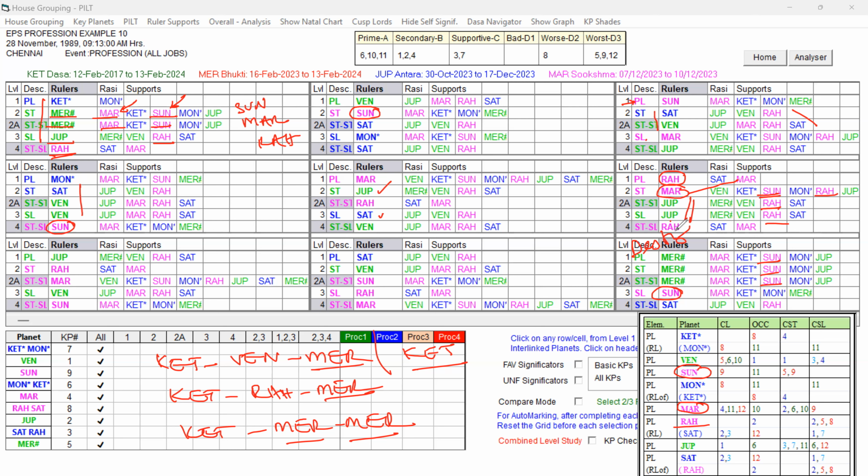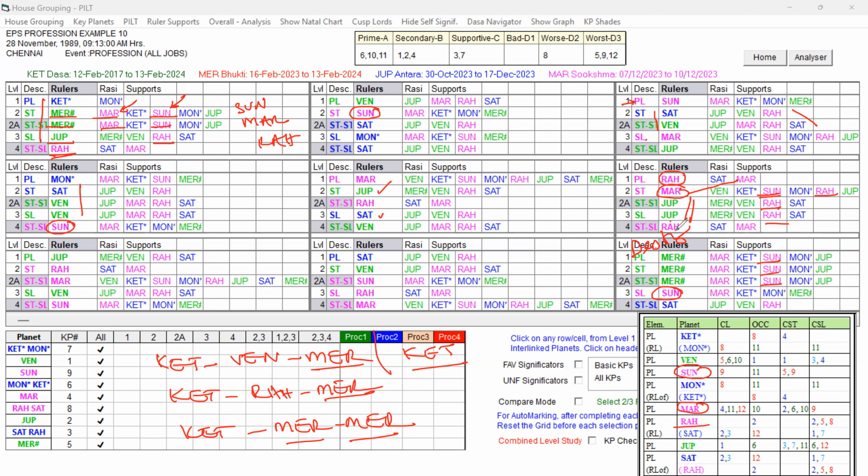And Venus is also playing a role at the support level, and Rahu does not have Venus or Jupiter in its ruler. But I told you already, in case of Rahu or Ketu, check their Rasi Lord. The Rasi Lord is Saturn, and that Saturn has Jupiter and Venus both in its support.